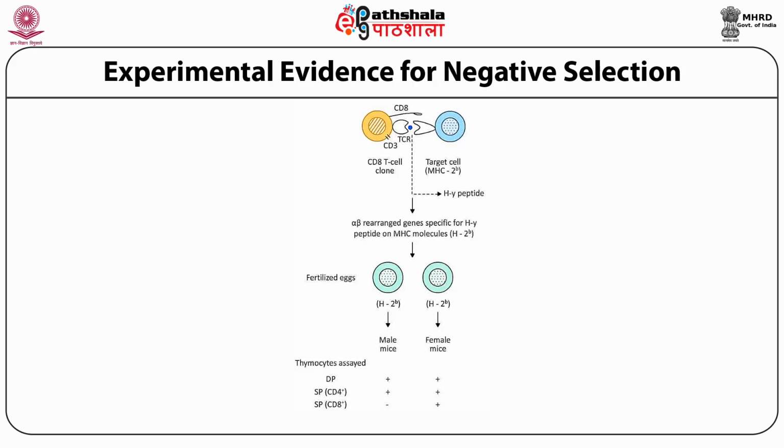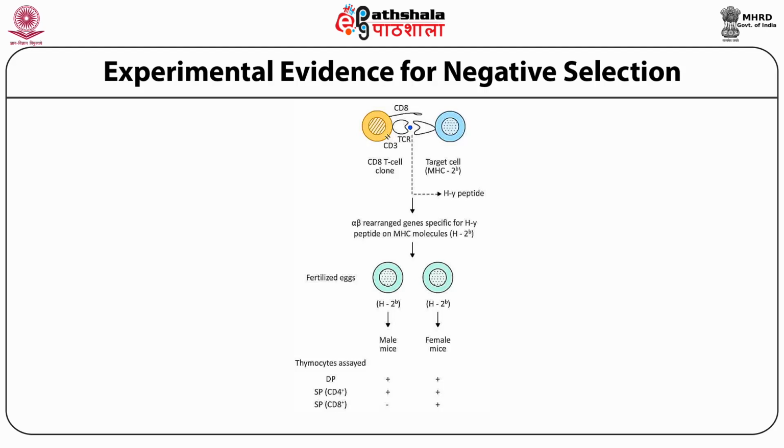So it is a male specific protein. So a CD8 T cell clone is generated which has rearranged TCR, which is specific for HY peptide, presented on MHC molecule of B haplotype.